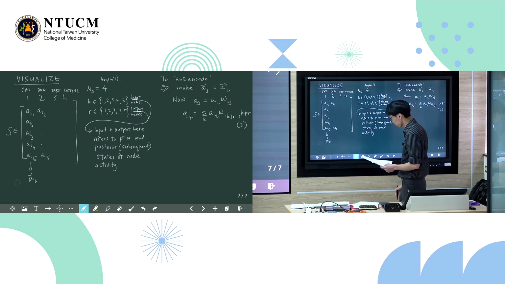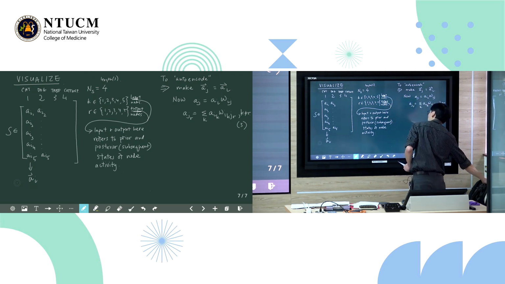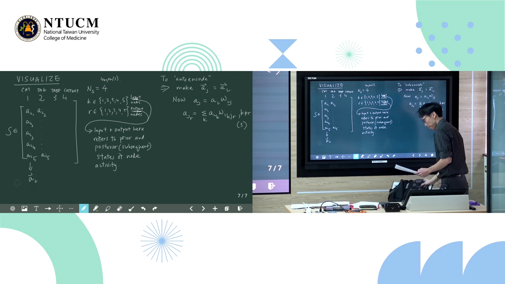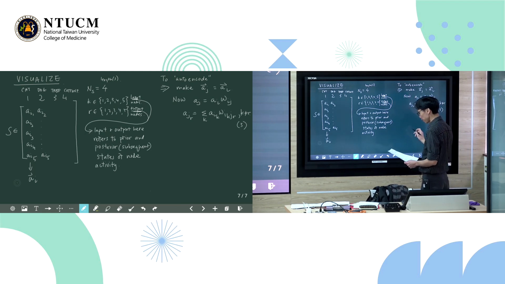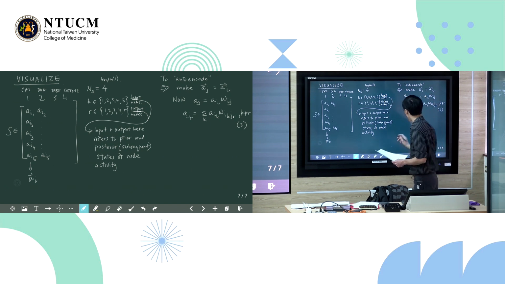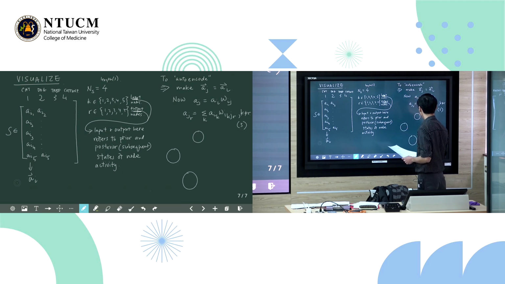Okay. And how do we visualize this? We have 5 states, right? So essentially, if you were to draw it out, bigger. 1, 2, 3, 4, 5. Okay, so this would be AI1, AI2.